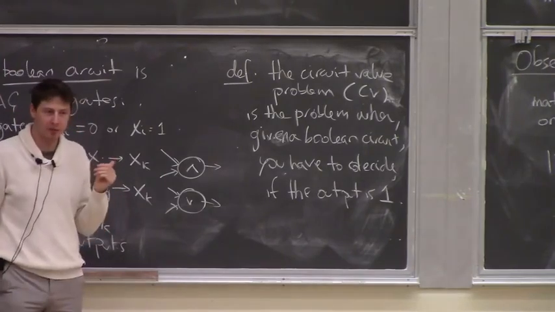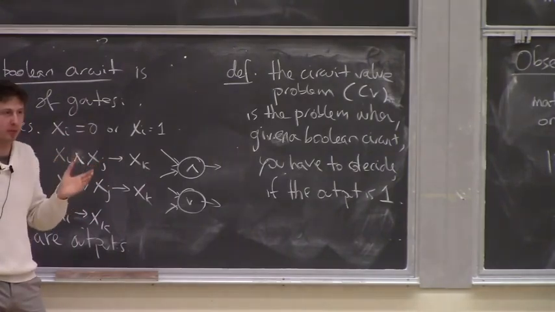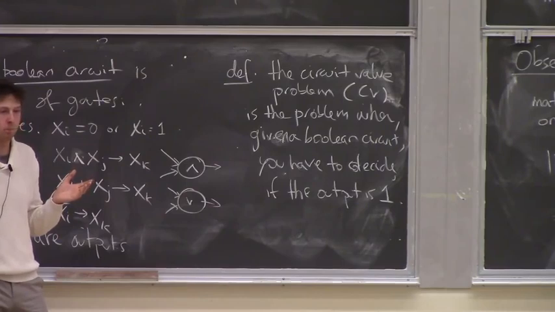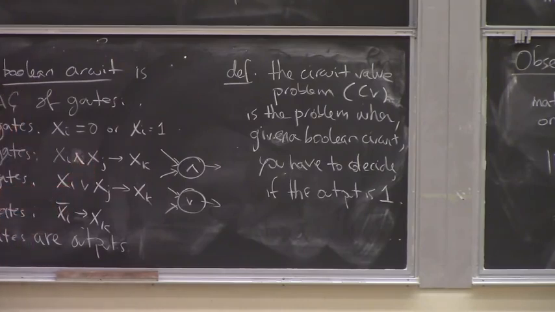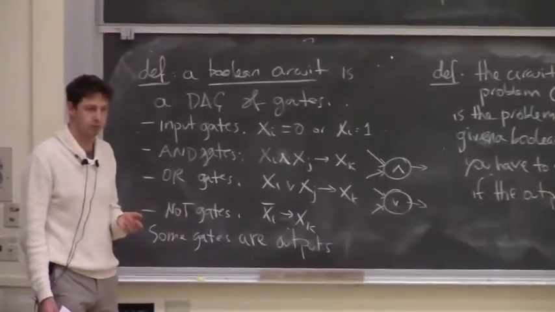By the way, is this problem efficient? Can you give me an algorithm to solve this problem? How do you solve this problem? So I give you a DAG, and I give you rules to compute things at every gate. Well, it's just like an equation, basically, where your ANDs are just a function of your input.